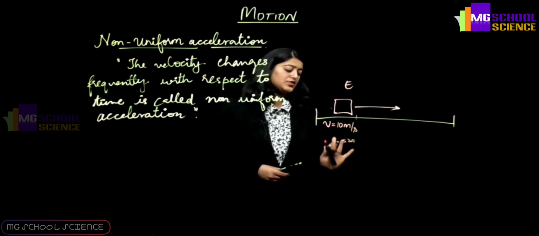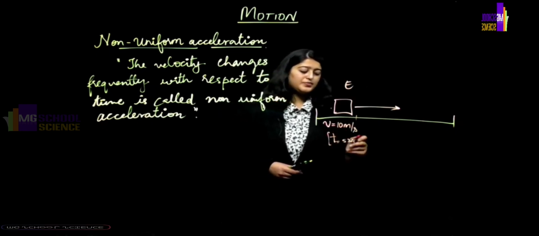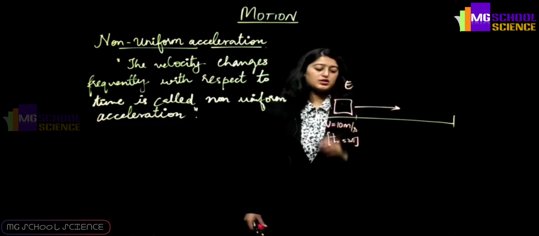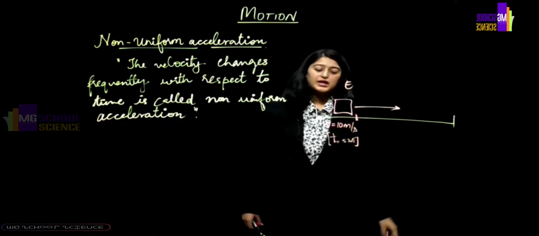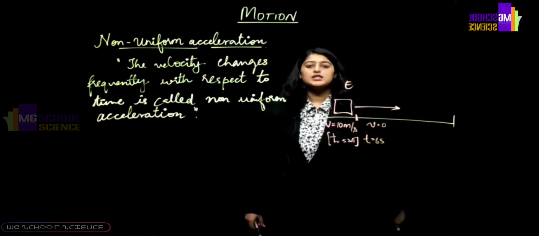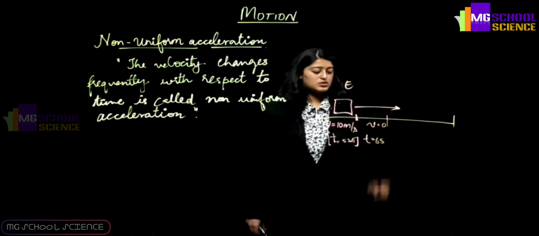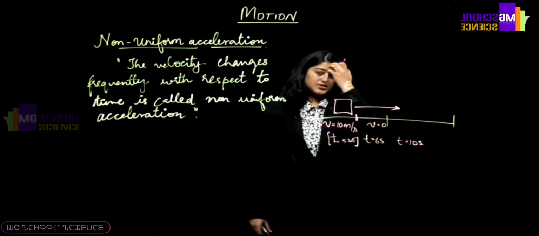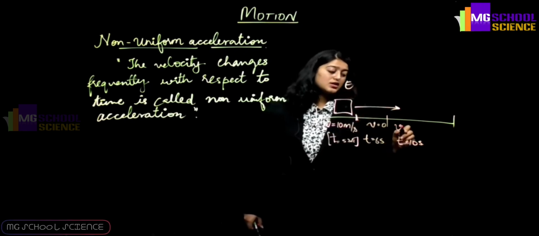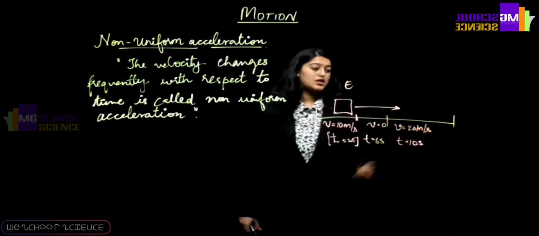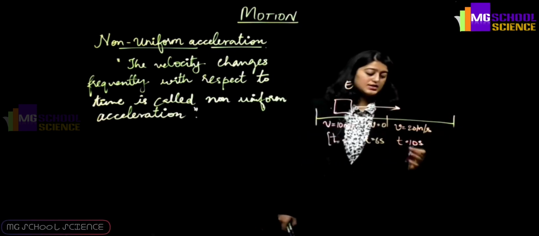After 5 seconds, the car applies the brake, which means at t equals 6 seconds, the velocity becomes 0. Similarly, in the next 10 seconds, the velocity increases to 20 meters per second.